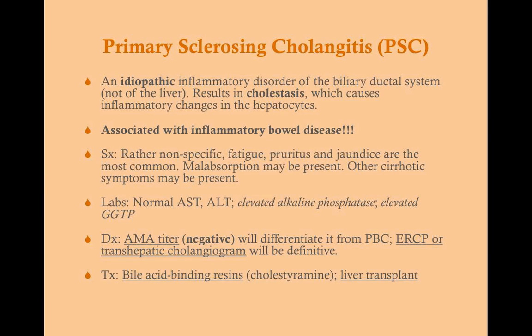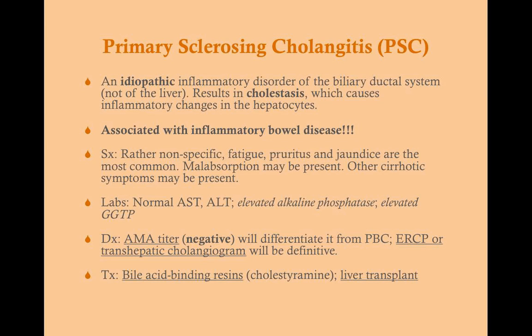We're going to talk about PBC next, but once you get your labs, this is essentially a screen, and you find out that you have an elevated alkaline phosphatase. What you're going to go ahead and do then is get an AMA titer. This is going to help you differentiate it from primary biliary cirrhosis, which is another disease that is an inflammatory disorder of the bile ducts.